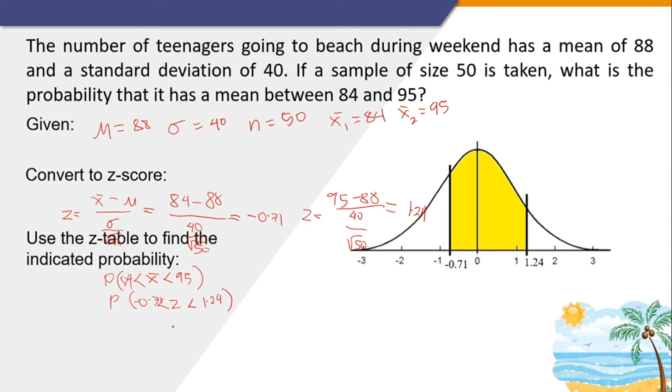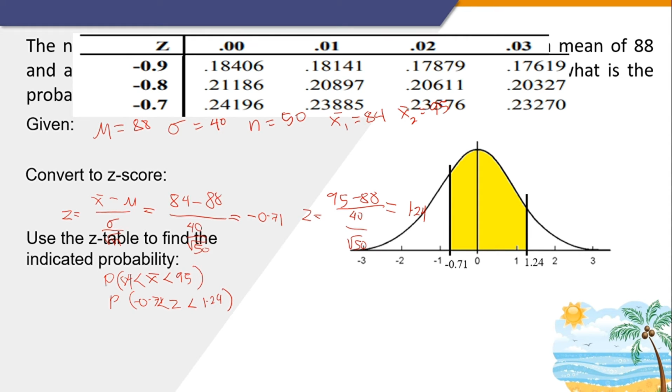So, tignan natin sa z-table yung value ng negative 0.71. So, nandito yung negative 0.7 and then yung 0.01 is nandito sa taas. So, yung intersection nila is 0.23885. So, dito lagay natin 0.23885.